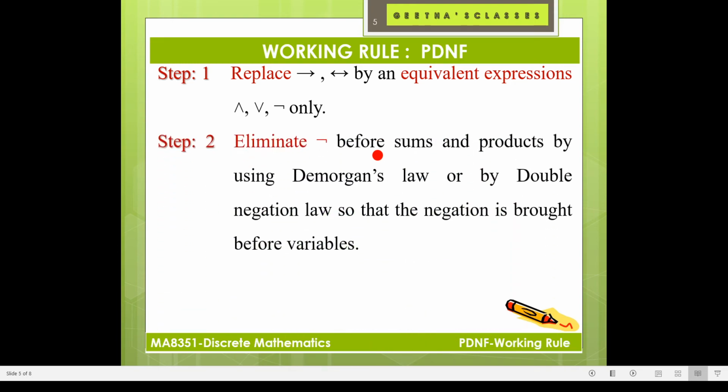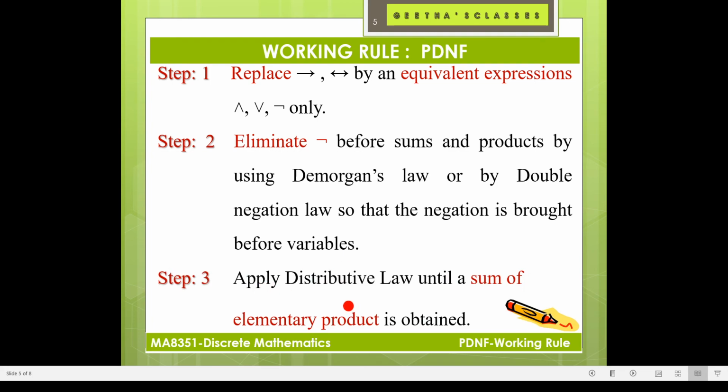Second step: eliminate negation before sums and products by using De Morgan's law or the double negation law, so that the negation is brought before the variables. Step 3: apply the distributive law again and again until we arrive at a sum of elementary products.